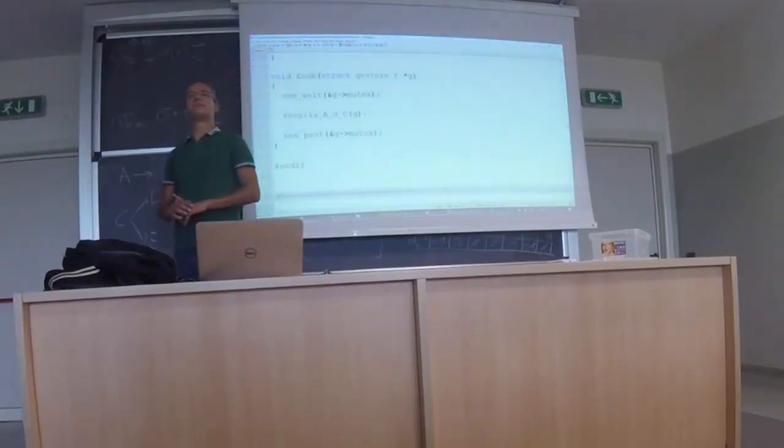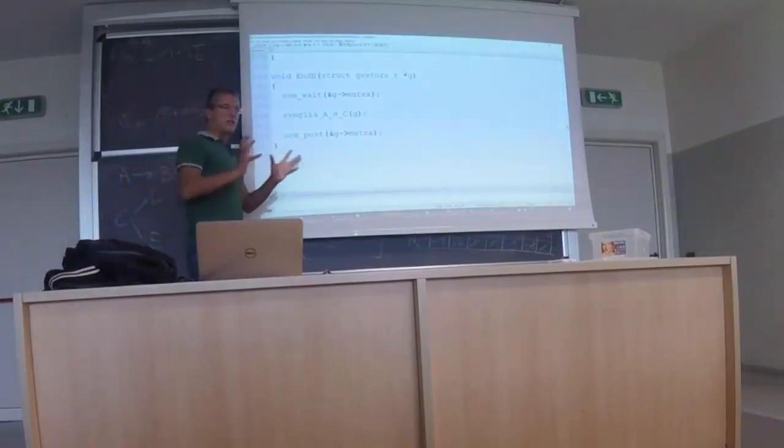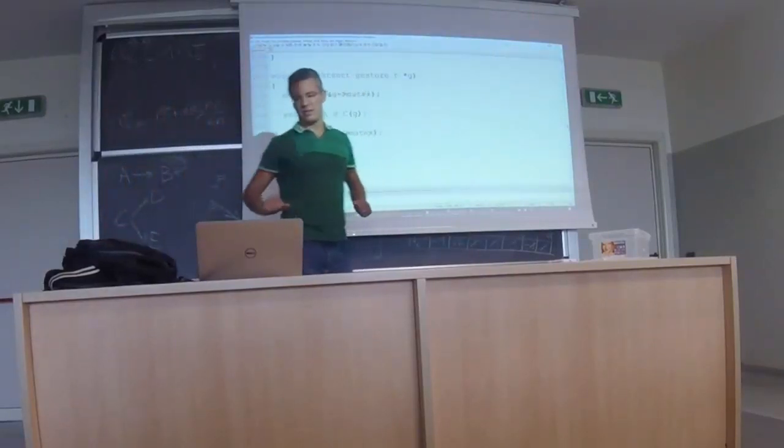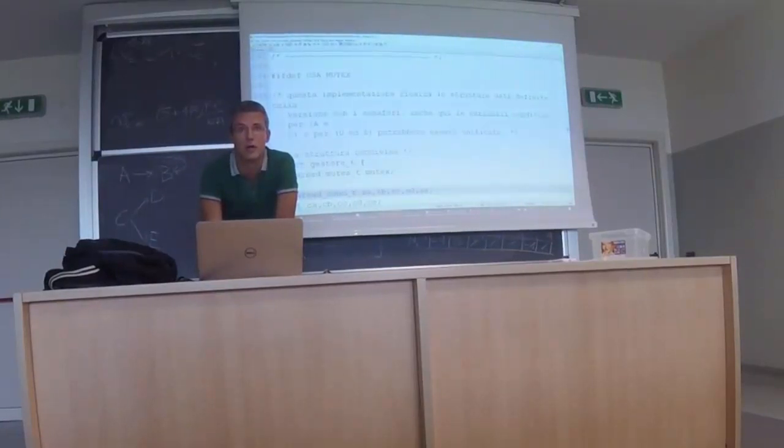Other questions? No? Okay. So this is it for the semaphore implementation. In the code that I will make available to you, there is a follow-up. It will be the same using condition variables, which is what I will show you today.